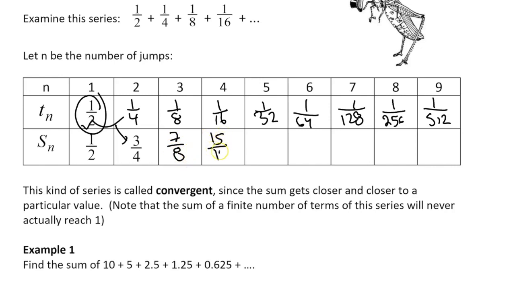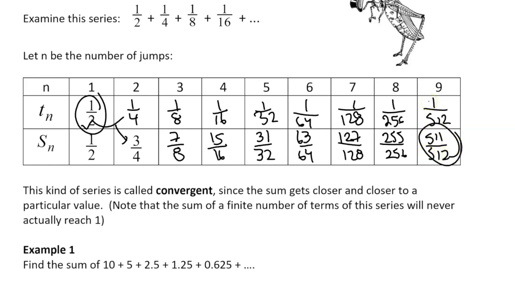And you're going to find a pattern that emerges, where it's basically going to be just under 1. Even if you add more and more terms, you won't reach 1, and you'll never reach 1. By the time you've done 9 jumps, you've jumped 511 out of 512ths of a meter.